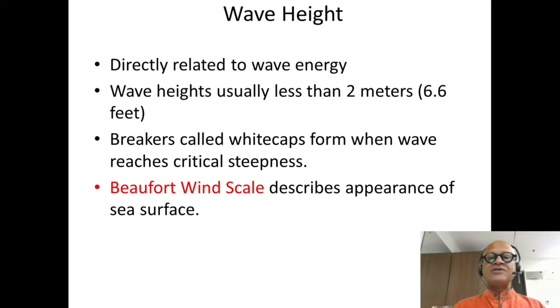Wave height is usually less than 2 meters. We will see that in some places, you can imagine where, wave heights can get much higher. And we will also see what rogue waves are, where some constructive interference happens and you can get tens of meters of wave heights and so on.